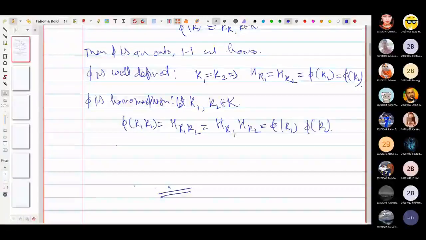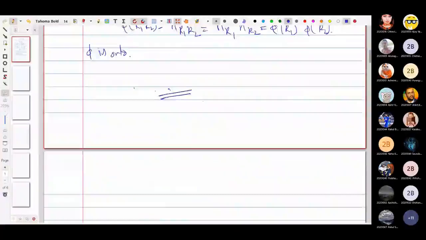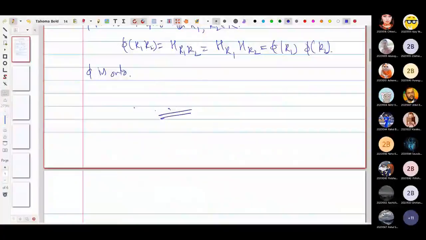All right. So now we need to prove that phi is onto. To show that phi is onto, we need to take some element here, and then we need to prove that there is a pre-image in K. So for this, let capital X belong to HK by H in this quotient group.